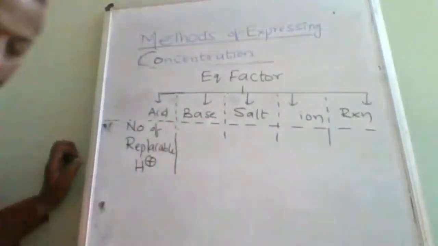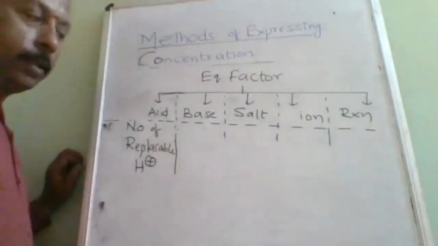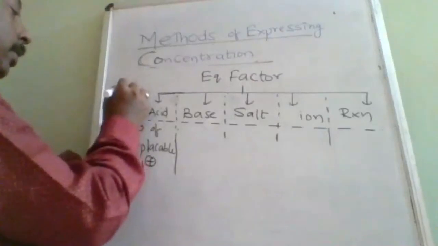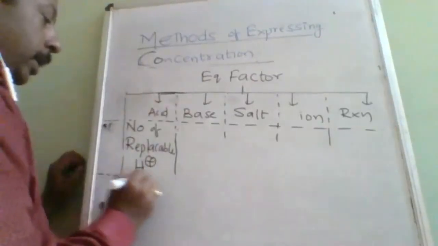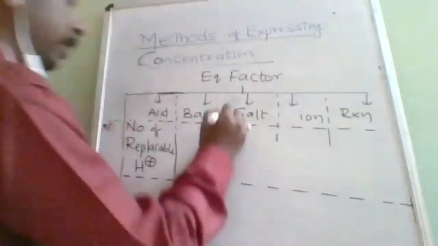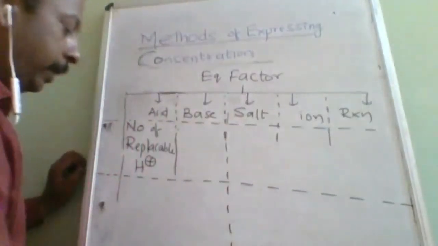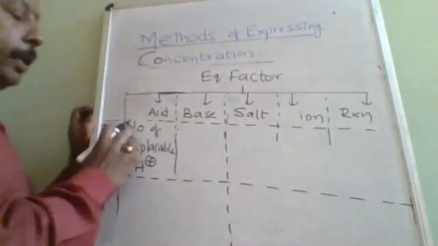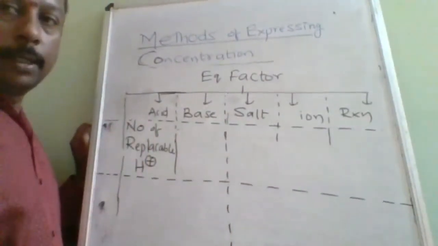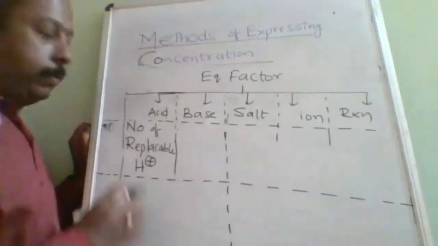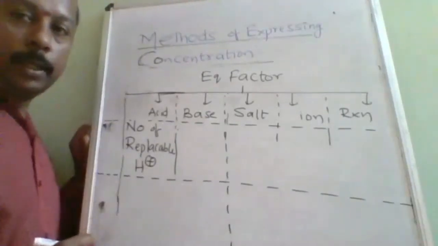Some people are taught with a wrong definition of basicity. Okay. It is not wrong, it is incomplete. So when you want to crack the advanced examination, that definition may not be useful. For acid, what is it equal to? It is equal to the number of replaceable H plus.